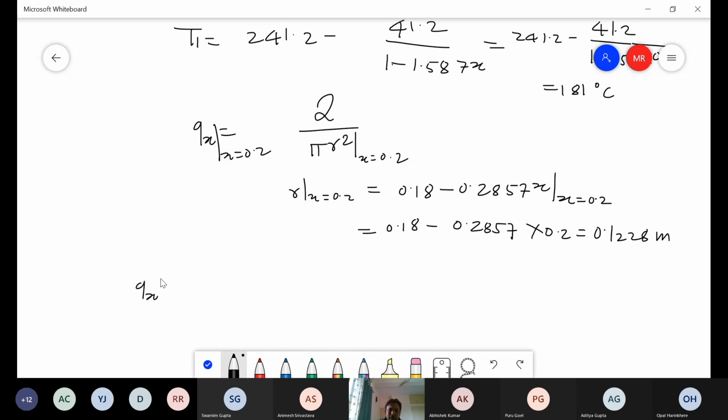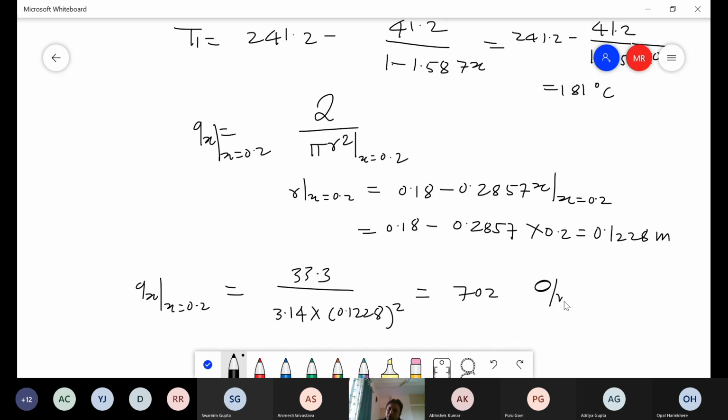So Qx at x equals 0.2 will be given as 33.3 divided by 3.14 into 0.1228 square, and this should give you 702 watt per meter square. Just check whether this is correct or not.